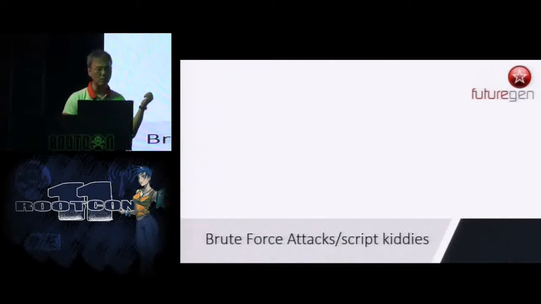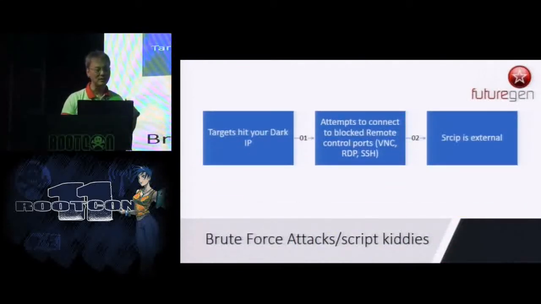The other one is brute force. These guys will target your dark IP, much like what Jason was saying before. You set up false targets, and once they hit it, you set up alerts, so you know right away. So in your network, let's say in Globe, not all of your IPs are activated. There will be some IP blocks that are still not being used.